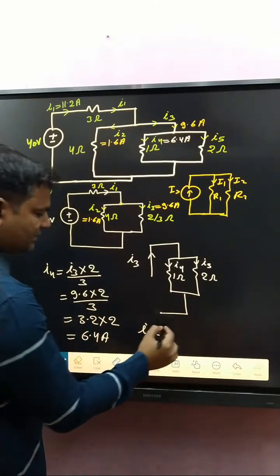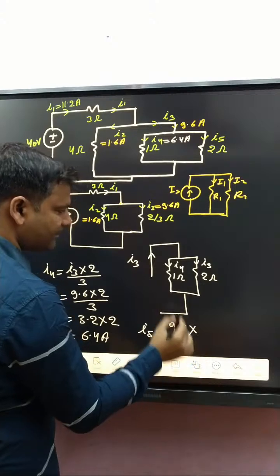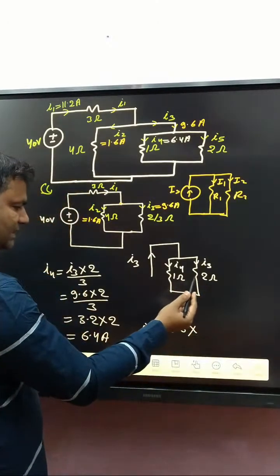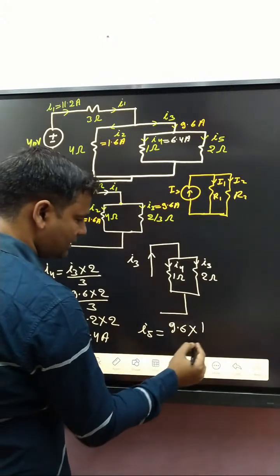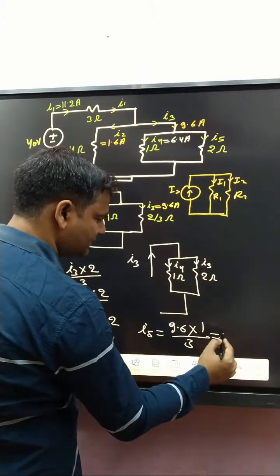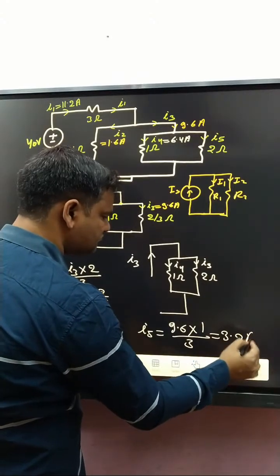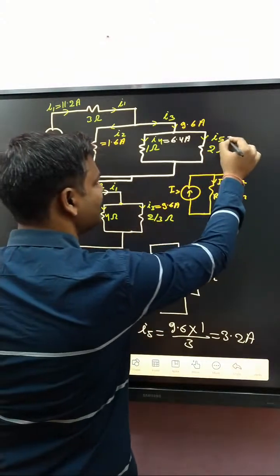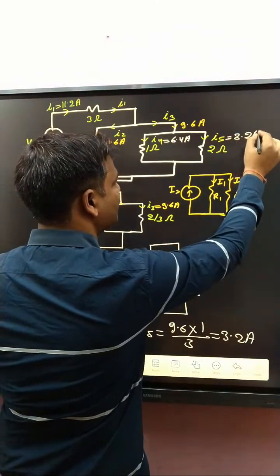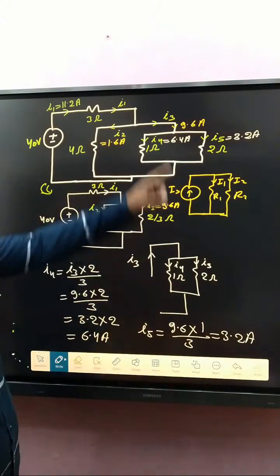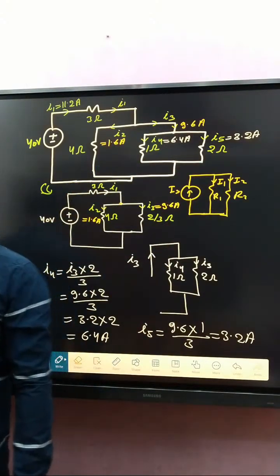I3 is 9.6 into 1 divided by 3, which is 3.2 ampere, and that was 6.4 ampere. And that one is 9.6 ampere.